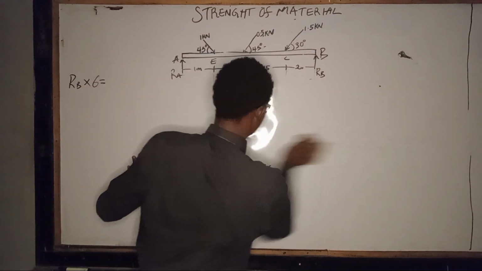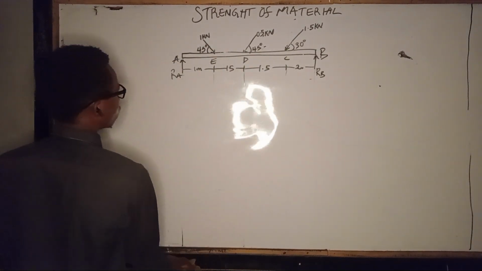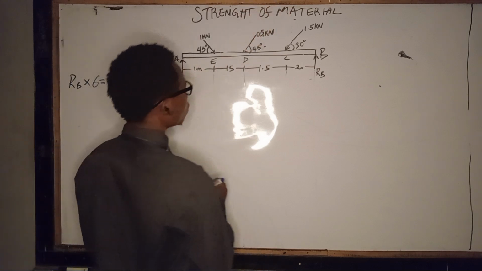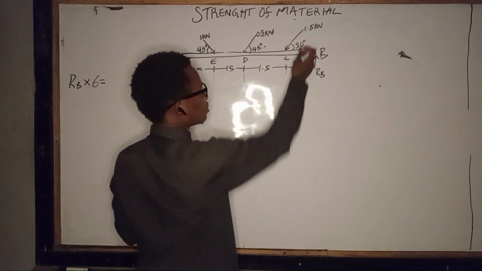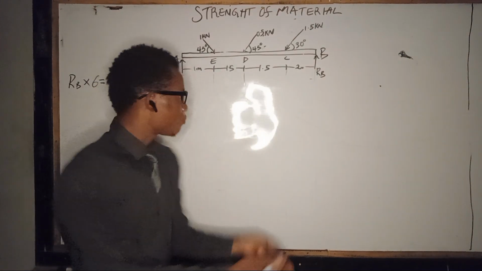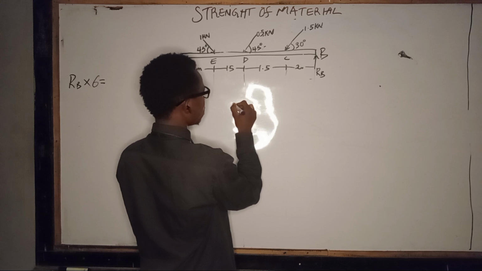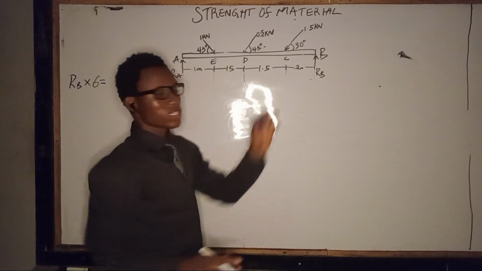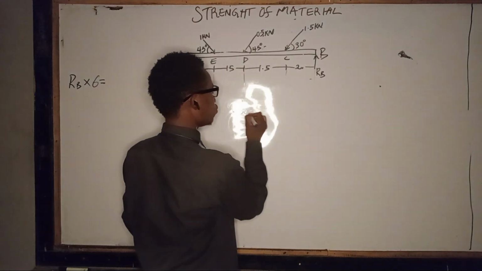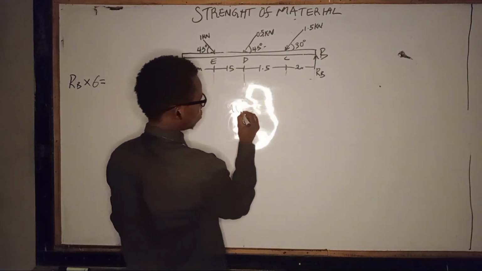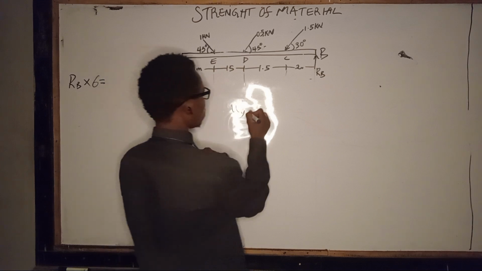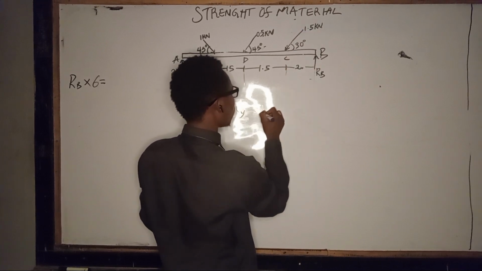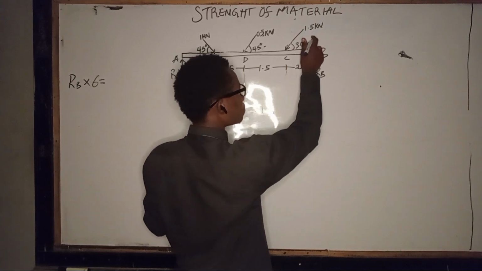Now, to get the vertical component of every one of these forces, let's start from anywhere. We can start from this one here: the load is 1.5 and the angle is 30. So W of y, the vertical component, is equal to the slant load 1.5 times sin 30.